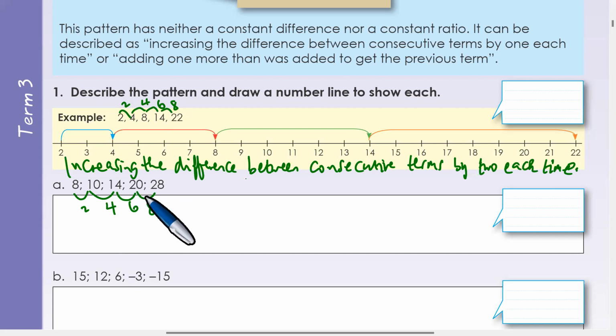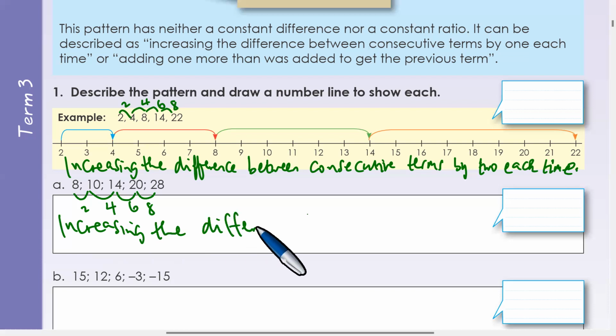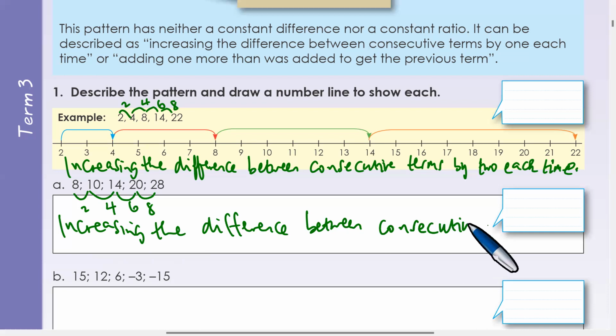So it's increasing the difference between consecutive terms by 2 each time.